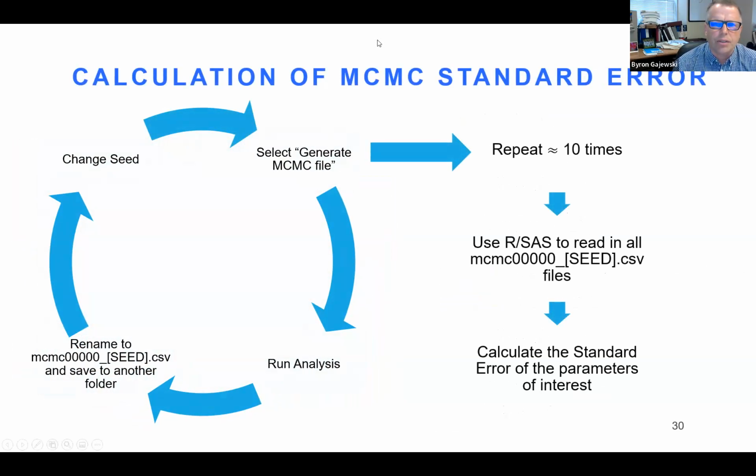One thing we like to do, because we're using Markov chain Monte Carlo, is get an idea of what the MCMC error is, because we're not doing this an infinite amount of times. This means posterior draws from Markov chain Monte Carlo. Okay, so what one does is change the seed, rerun the analysis, and get a posterior distribution. The seed meaning where you begin your random number generator.